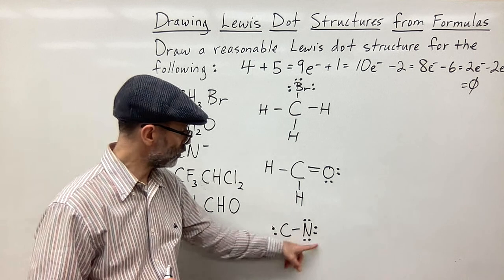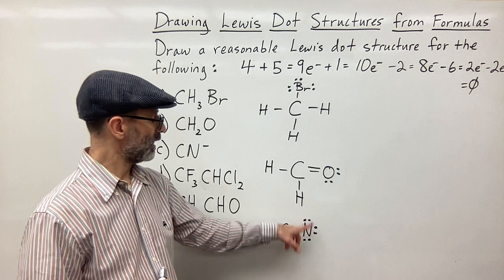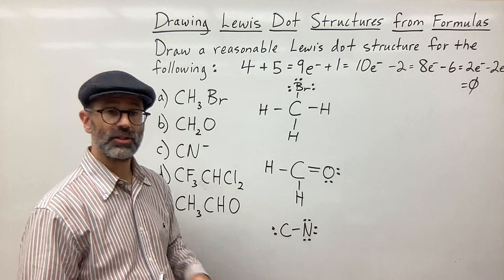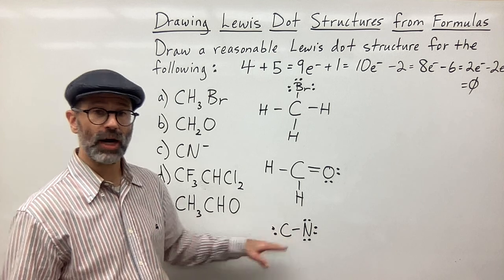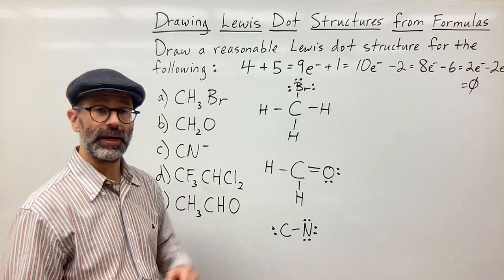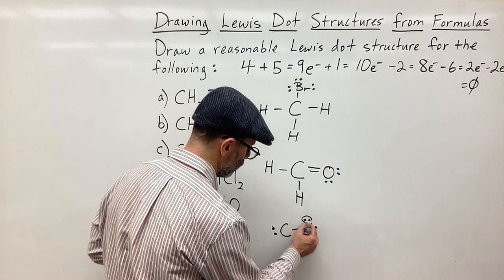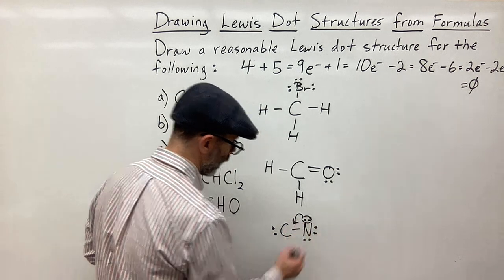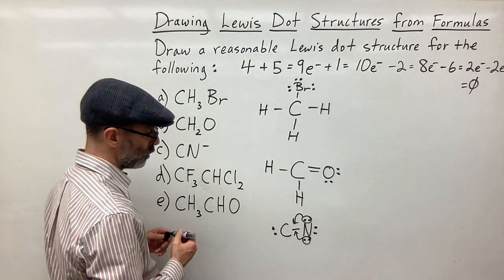So here, nitrogen is our outer atom. So we're going to have to move electrons here as bonds to give carbon an octet. Since carbon needs 4 electrons, we're going to have to move 2 lone pairs to create 2 bonds. So we can take this lone pair, create a bond. We can take this lone pair, have it shared, create a bond.